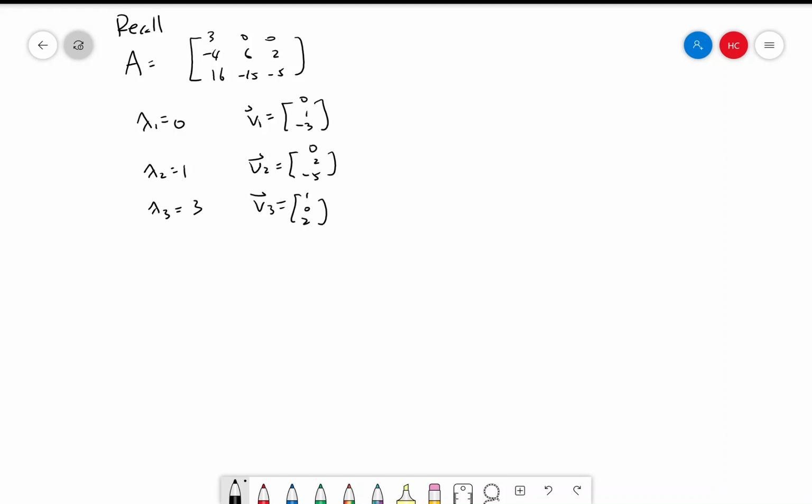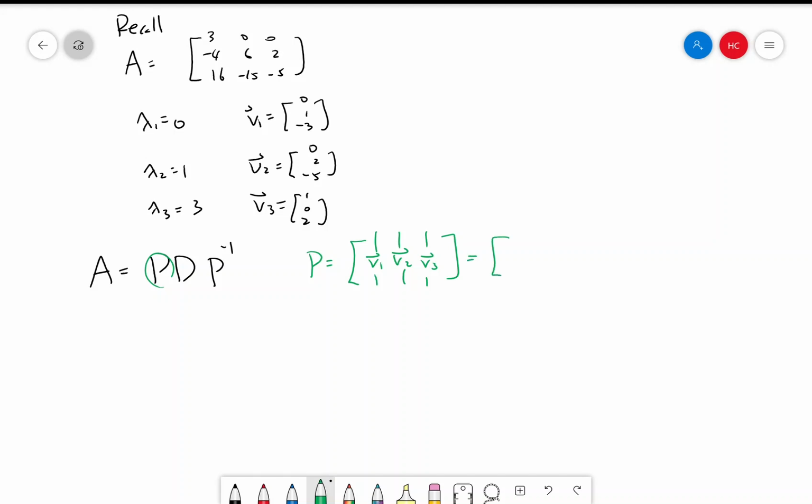So using a similar logic from before, we can write A equals P D P inverse. So P is the matrix with columns being the eigenvectors. So in this case, this will be 0, 1, -3, 0, 2, -5, 1, 0, 2.